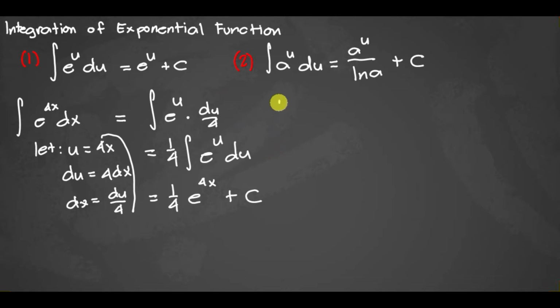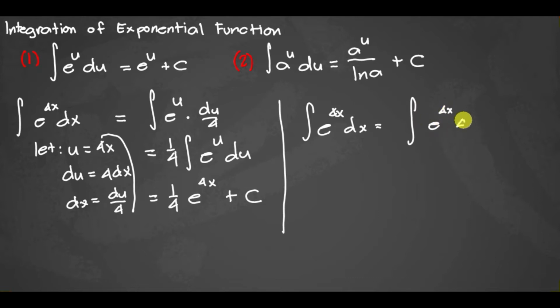Now, there's another way of writing our solution. We have here the integral of e raised to 4x dx. By taking the derivative of 4x, we'll have the integral of e raised to 4x times 4 dx. Applying the neutralizing factor, we'll have 1 over 4.